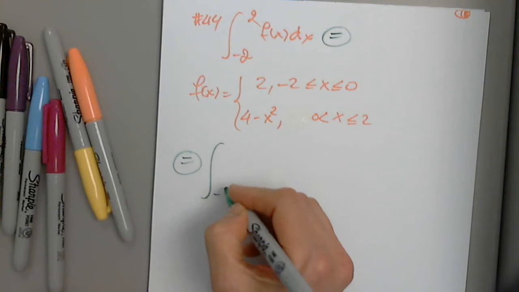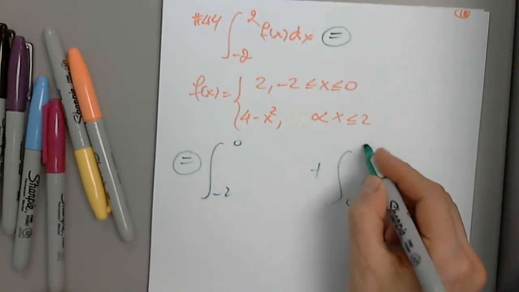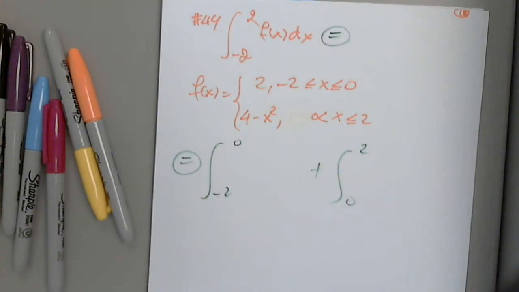Obviously, the integral from negative 2 to 0 plus an integral from 0 to 2, because they are from different functions. So the integral from negative 2 to 2 is not from one particular function, but from two functions. One that goes from negative 2 to 0, and the other one from 0 to 2.